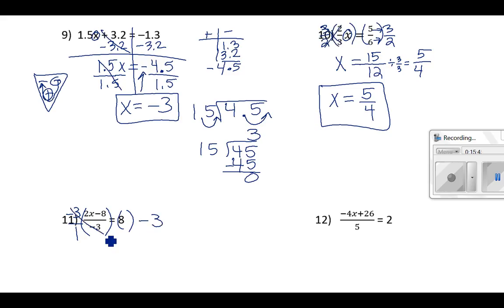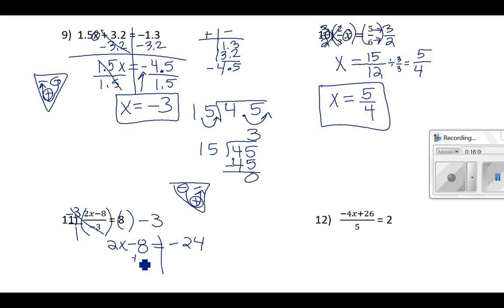This cancels, and I'm left with 2x minus 8 equals 8 times -3, a negative times a positive gives me a negative. That would be -24.